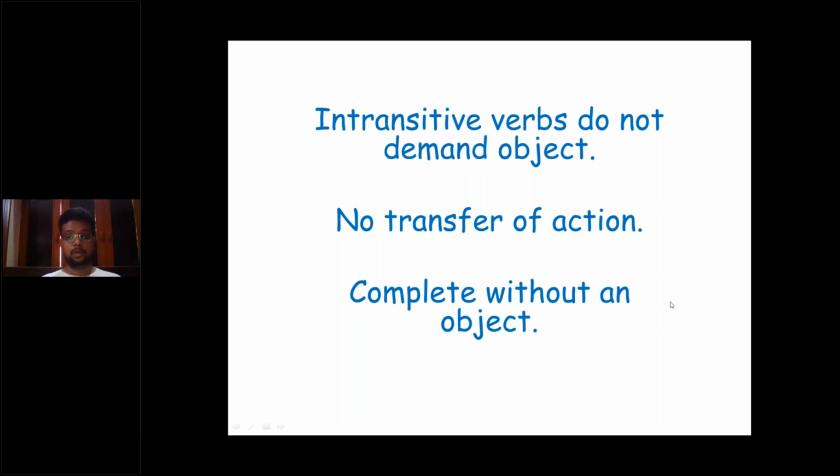Transitive verbs require an object. Intransitive verbs do not. With transitive, remember transfer. Transitive, transfer.